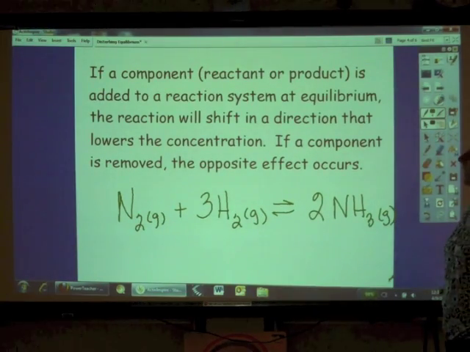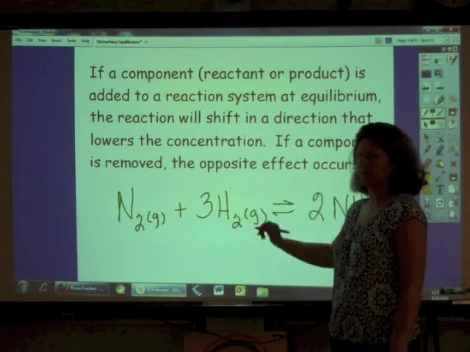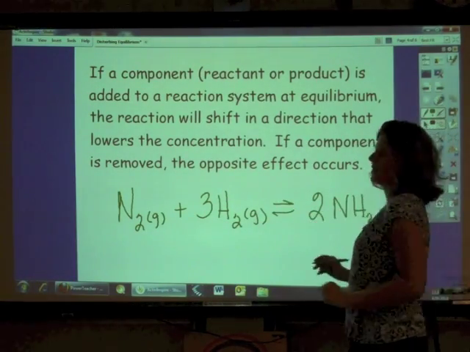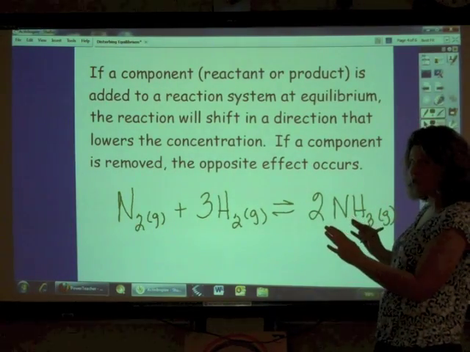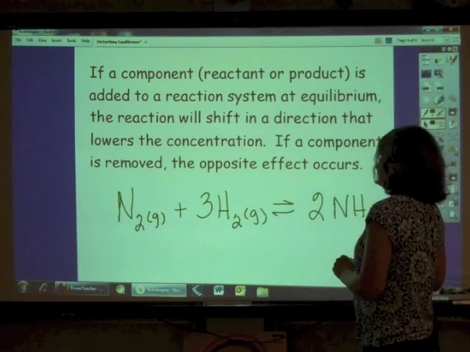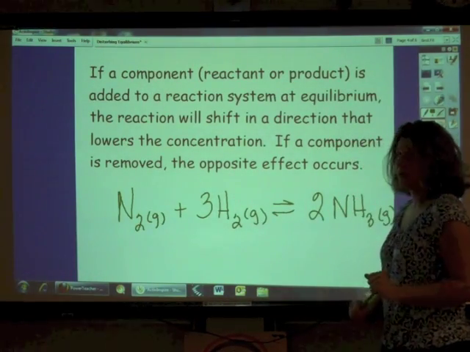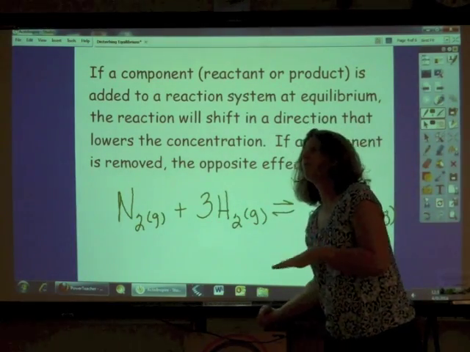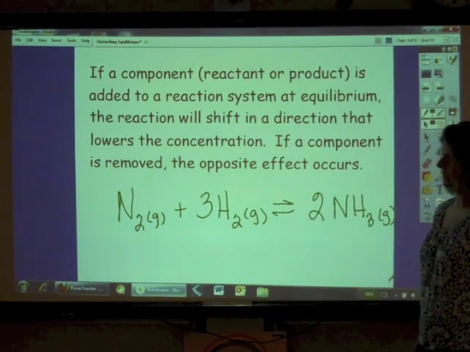All right. So let's say we add some hydrogen. Okay, so this system has reached equilibrium. Forward and reverse reaction rates are equal, and concentrations aren't changing. Okay, we know that there's frantic activity back and forth, but the overall ratio of product to reactant is not changing.